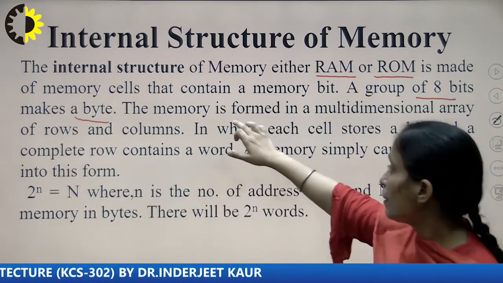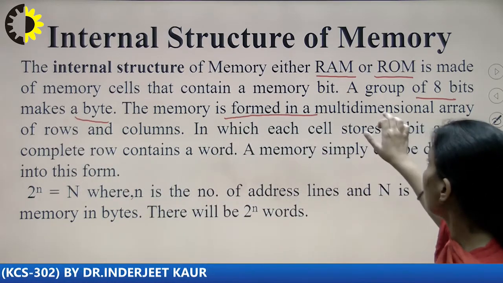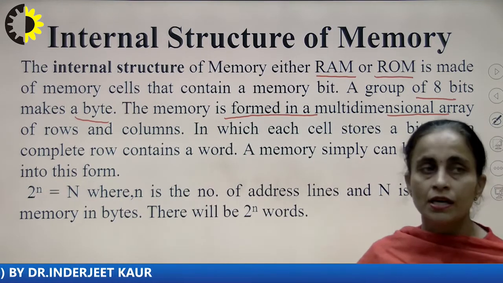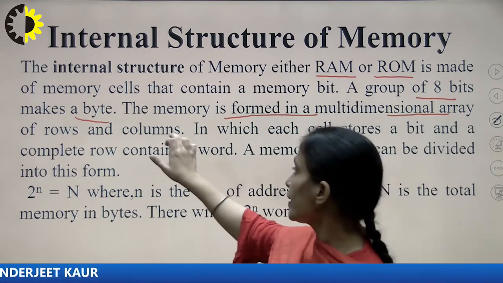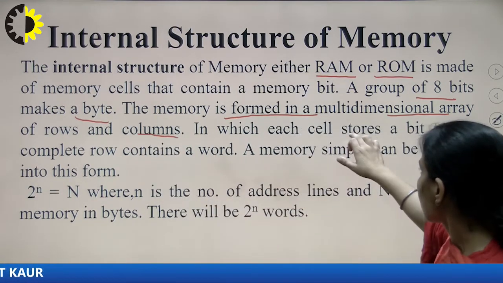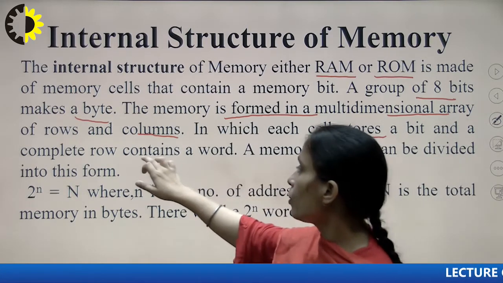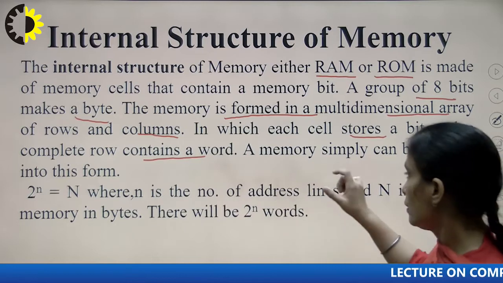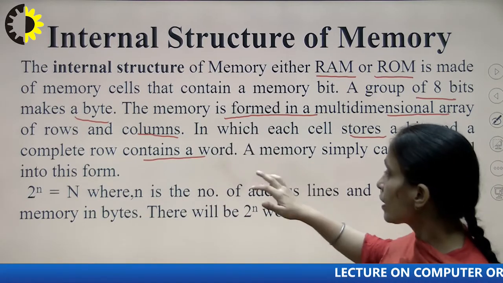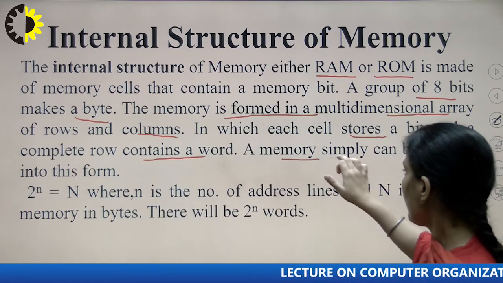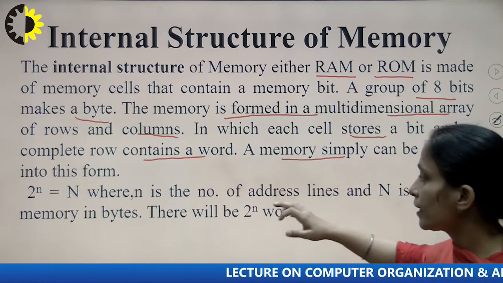The memory is formed in a multi-dimensional array consisting of rows and columns, in which each cell stores a bit, and a complete row consists of a word, and we are saying the word is 8 bits. A memory can simply be divided into this form.